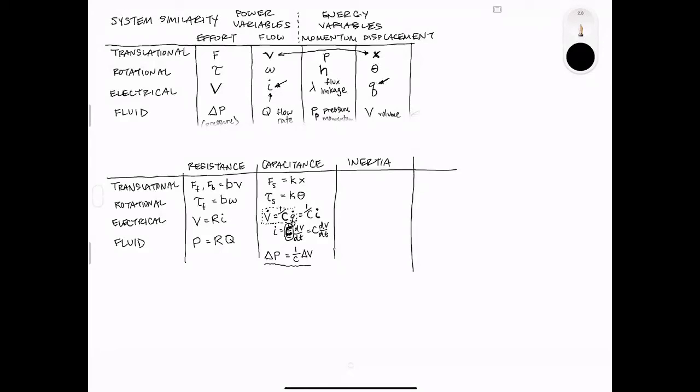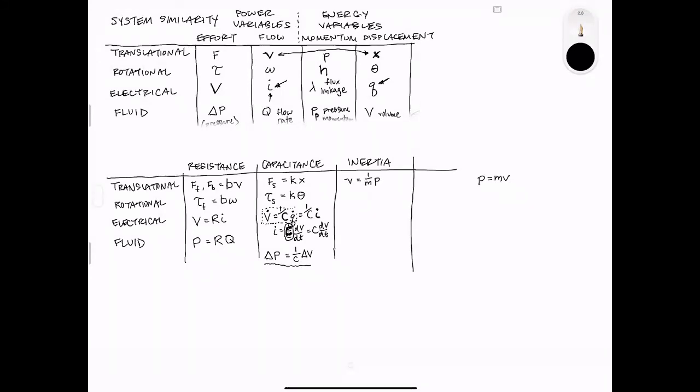Okay, and now inertia. Well, let's start off with translational. We knew that the momentum is equal to mv, mass times velocity. So there's going to be relationships where the velocity is going to equal 1 over m times p.